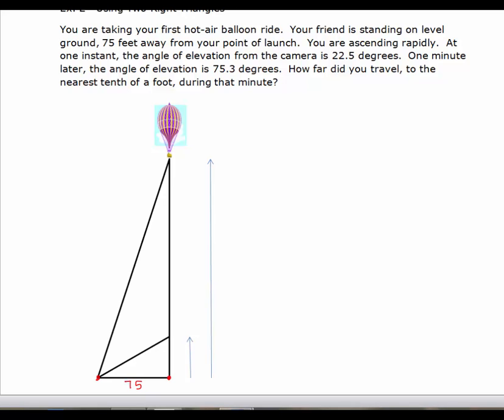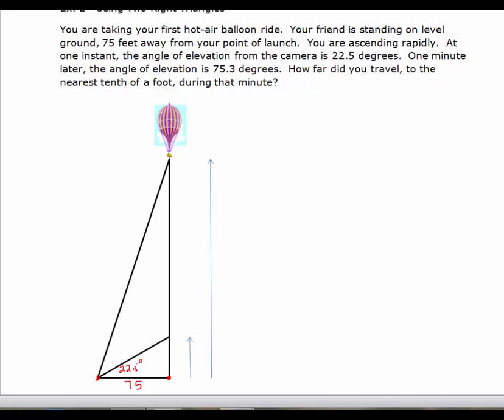The angle of elevation from the camera to the balloon is 22.5 degrees. That's at one instant.